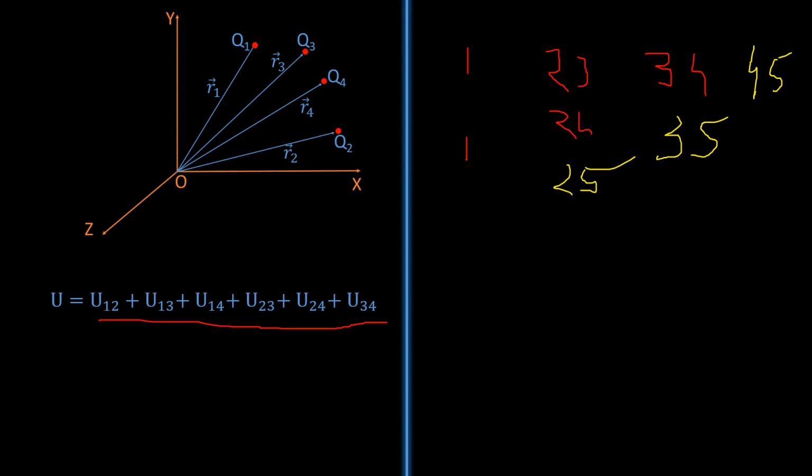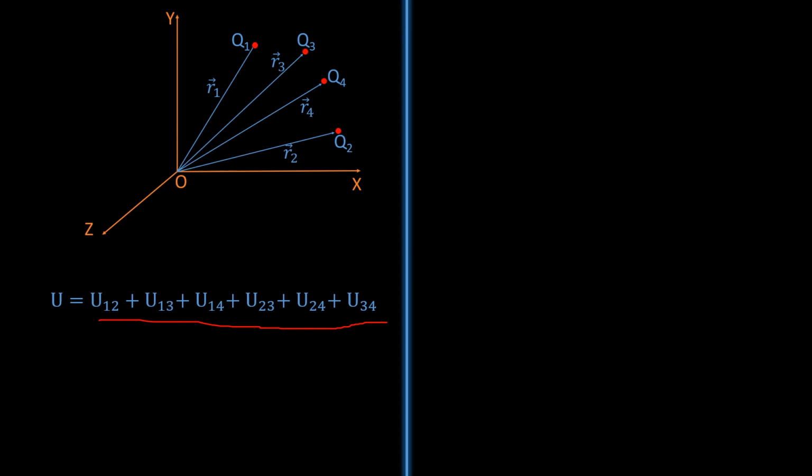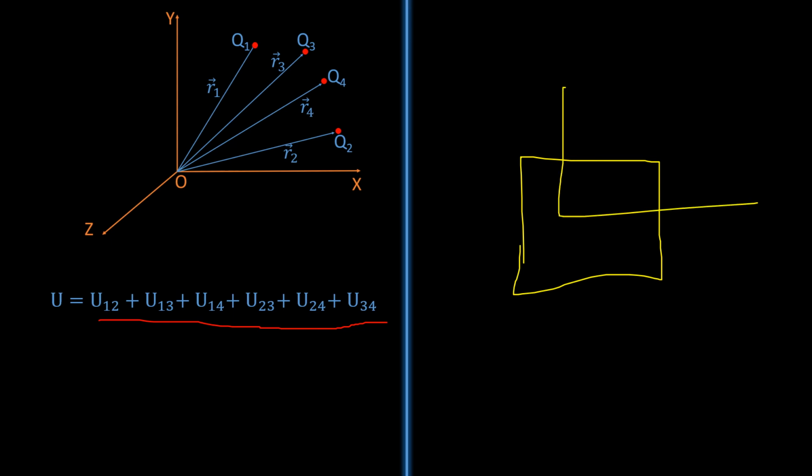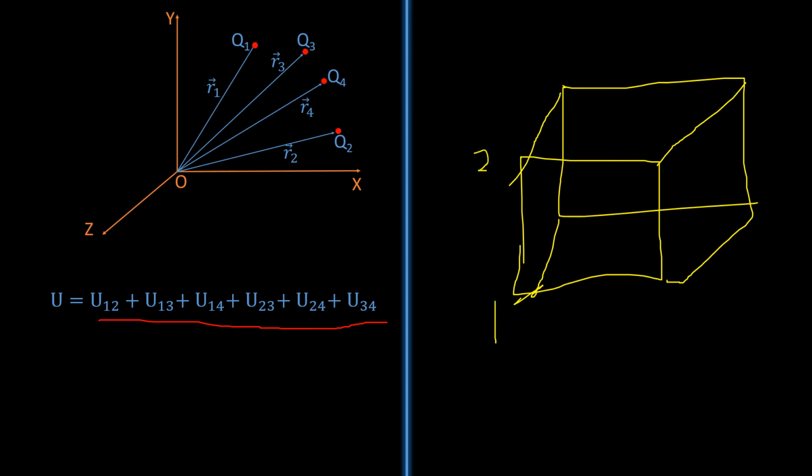And what if you consider a cube? Suppose I have a cube, and I want to find out the potential energy of all the charges placed on the vertices of the cube. So consider that you have a cube, and each of the vertices of this cube has a charge q on it. How do you find out the potential energy of this system? So assuming the vertices are 1, 2, 3, 4, 5, 6, 7 and 8, how many pairs are possible?